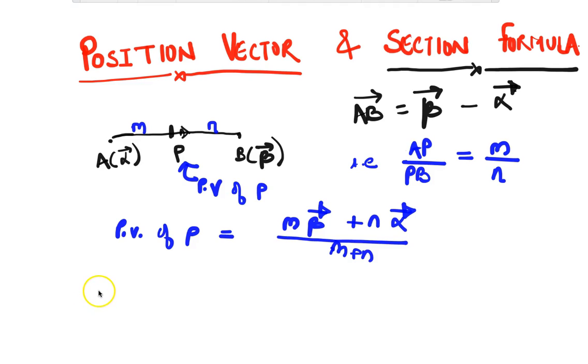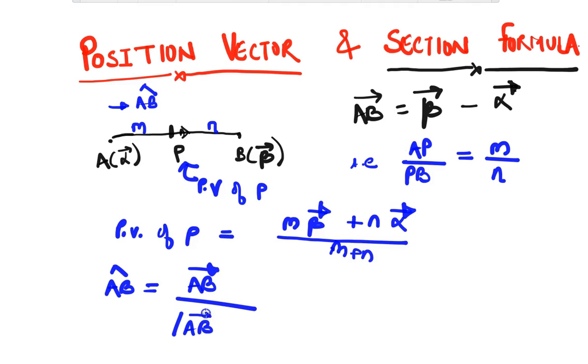So if we think of AB hat, which is a unit vector in the direction of AB, we can say AB hat is AB vector upon the magnitude AB. Now what is AB vector?